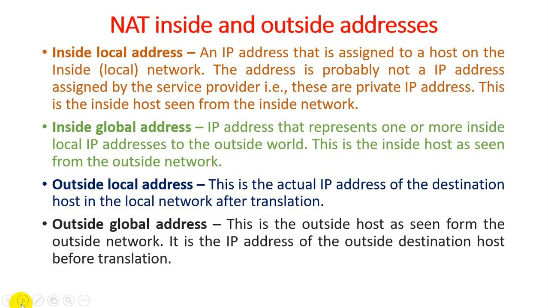Or we can say an outside global address is globally acceptable all over the world. It is the IP address of the outside destination host before the translation. Because it is publicly registered, it is not required to translate a private address to a public address. So these are the four important concepts implemented in network address translation.